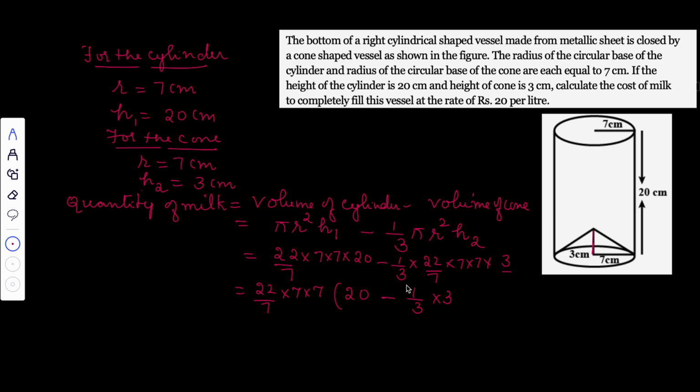So 3 and 3 get cancelled, 7 and 7 get cancelled. 22 into 7 gives 154, into 20 minus 1, so we get 154 into 19.